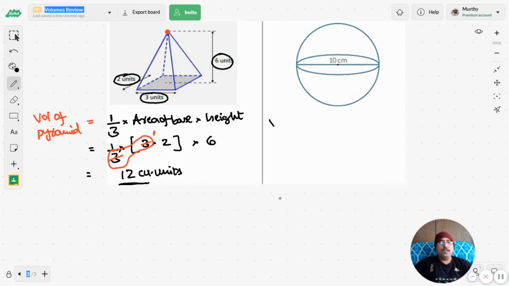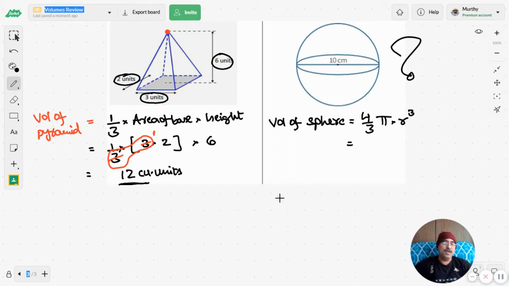Next one, volume of sphere equals 4/3 pi r cube. As I mentioned before, always check whether diameter or radius is given in the beginning of every question where circular shapes are involved. I see that here diameter is given as 10 centimeters.